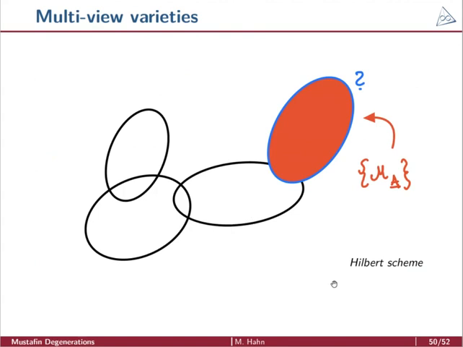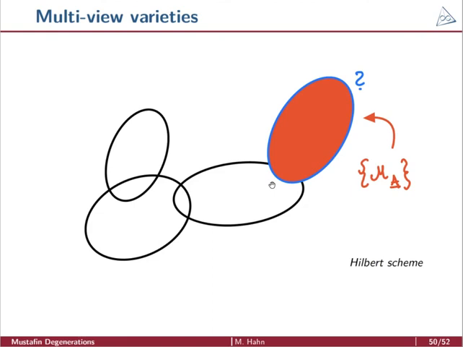So in other words, we associate the Hilbert scheme to the Hilbert function that corresponds to all of those multi-view varieties, and then there is a single distinguished irreducible component such that all the points corresponding to these multi-view varieties lie in it, and if we take the closure, we actually get the entire irreducible component of this Hilbert scheme.